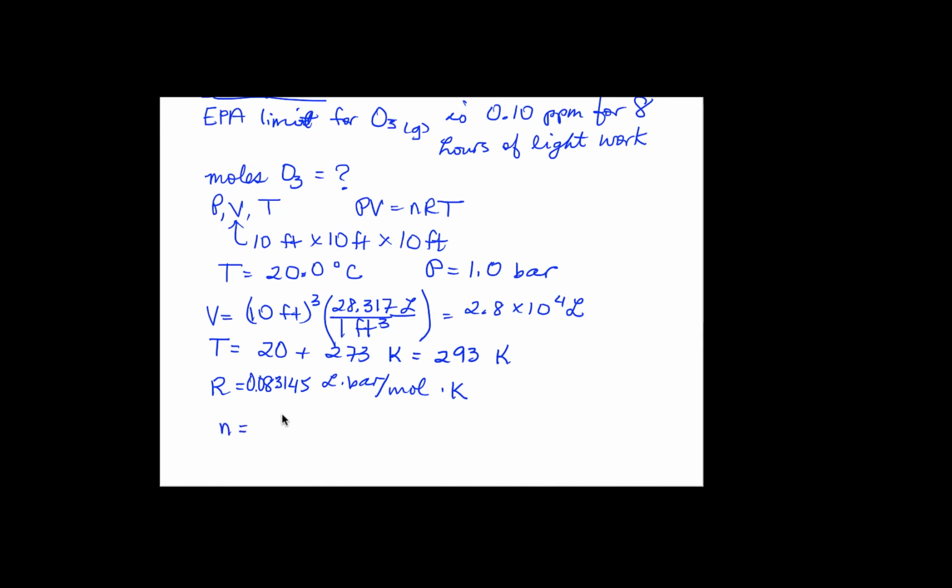So when I set up this calculation, the number of moles is what I'm solving for. So I will have 1 bar multiplied by the volume, and then the gas constant, and the temperature.